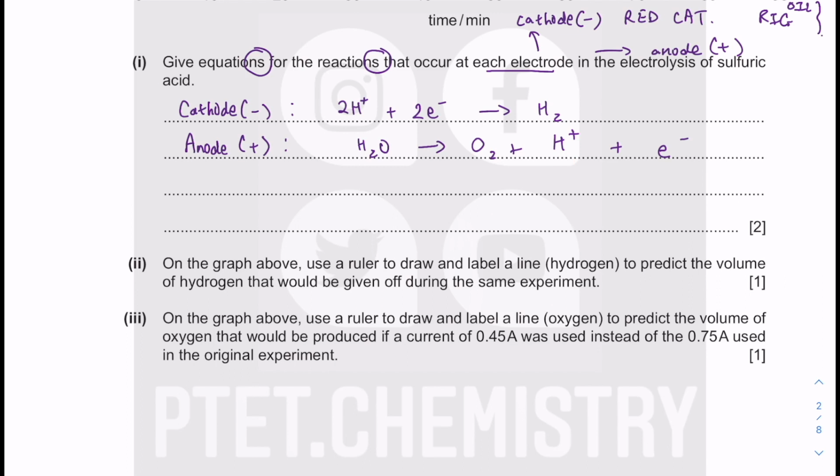Okay, so I will have 2 H2O because I need 2 oxygen. I will have 4 hydrogen. And looking at it, no charge, 4 times +1 will need to be balanced out by 4 electrons. Such that when you add these two equations together, this is 2 electrons, this is 4 electrons.